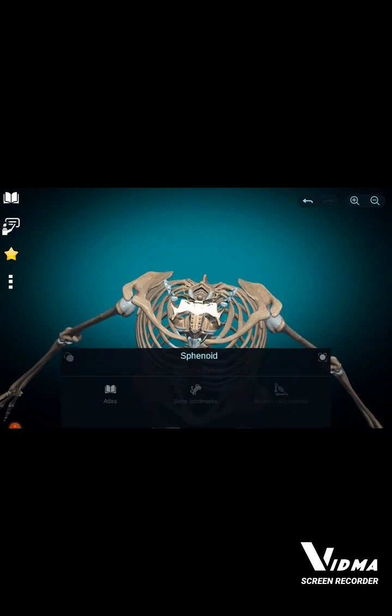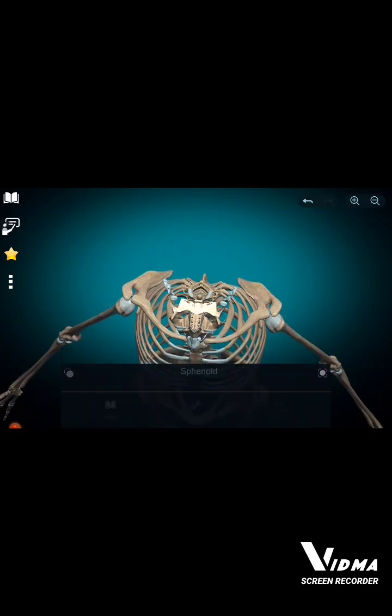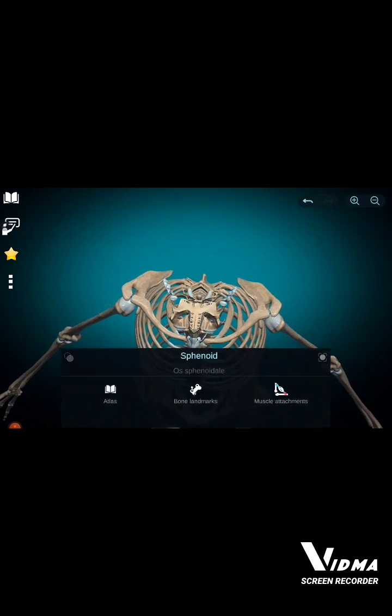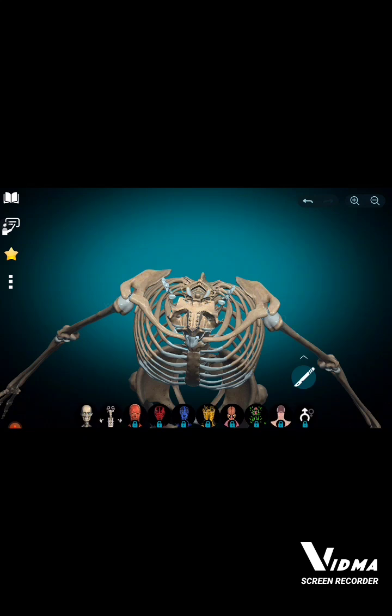The sphenoid bone is present at the base of the skull and mostly articulates with the remaining skull bones of the cranium. So that's why the sphenoid bone is called the keystone bone. Okay, right.